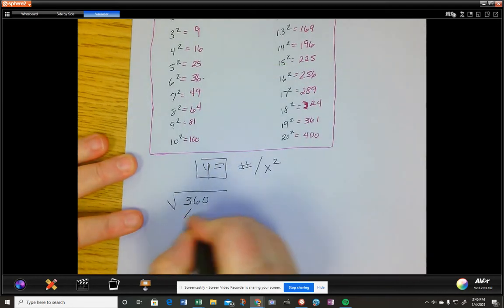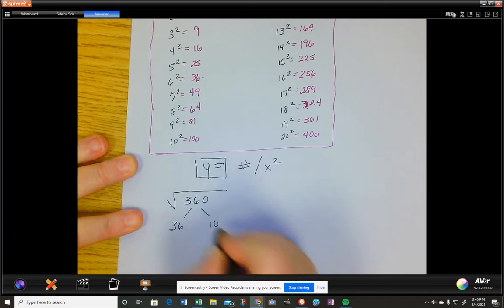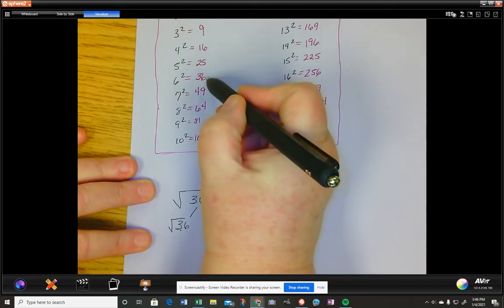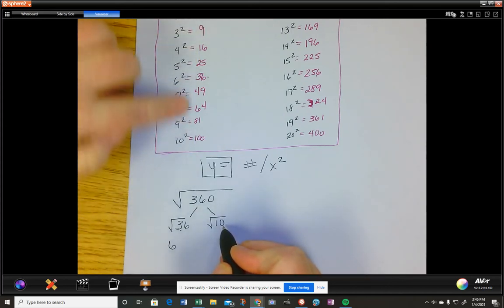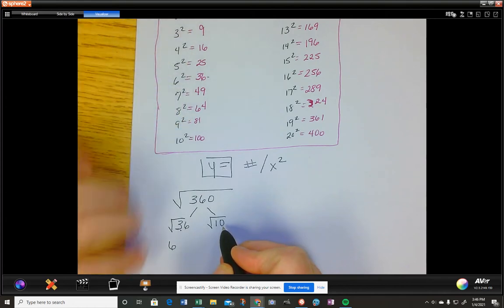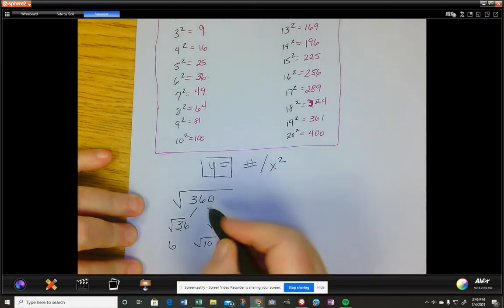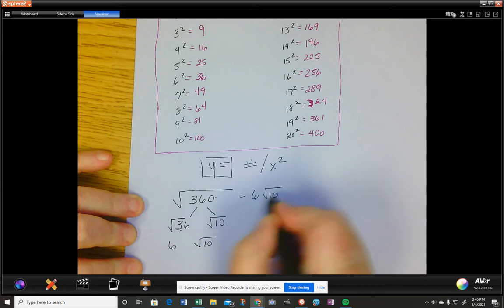So I'm going to pull out 36 times 10. Well, they both have square roots on them. What's the square root of 36? Well, look across in the black. It's 6. What's the square root of 10? I don't have 10 in pink. So it's going to stay square root of 10. So the square root of 360 is equal to 6 square roots of 10.